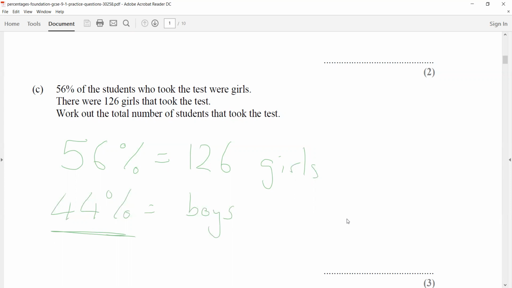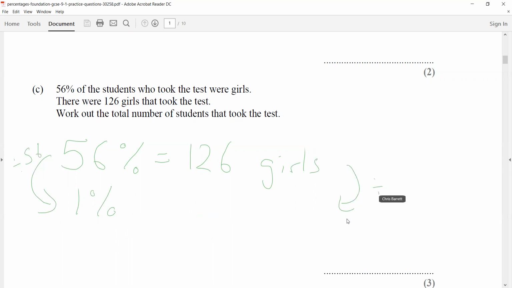Okay, so if I know that 56% is equal to 126, what I can do then is work out, well, what would 1% be worth? Okay, so if I'm dividing 56 to get down to 1, I've got to divide that by 56.